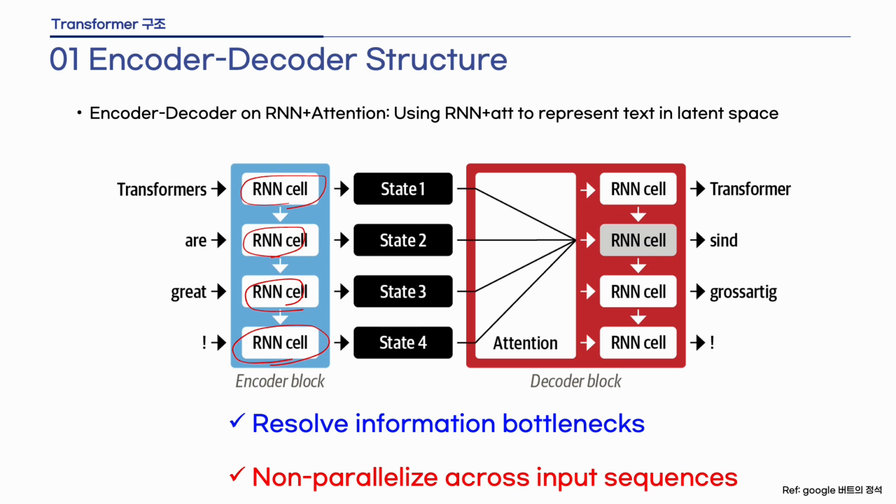Attention mechanism takes into account all the previous hidden states to calculate a time step t. Then this time step t is fed into another decoder RNN cell as its input.